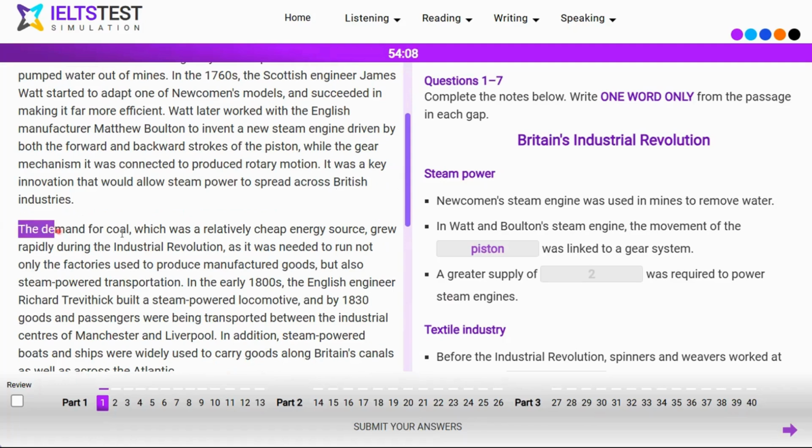The demand for coal, which was a relatively cheap source of energy, grew rapidly during the Industrial Revolution, as it was needed to run not only the factories used to produce manufactured goods, but also steam powered. Steam powered is a paraphrase for steam engines. So I think this thing is going to be coal. The demand for coal grew is a paraphrase of greater supply. So I think this number 2 is going to be coal. Okay? Let me move on.